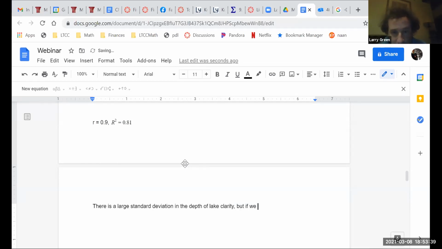But if we just focus on a few nearby years, then the standard deviation, also sometimes called the variation, in the depths of clarity will be reduced on average by 81%.